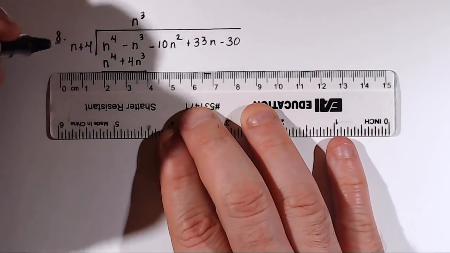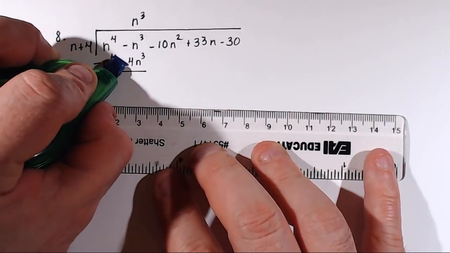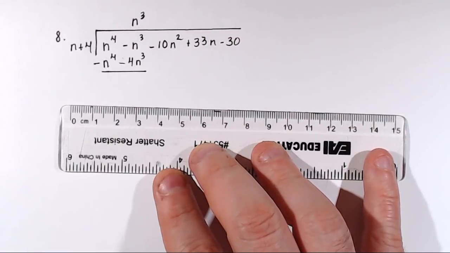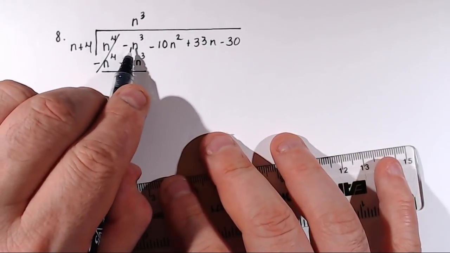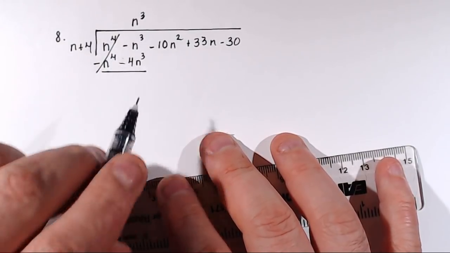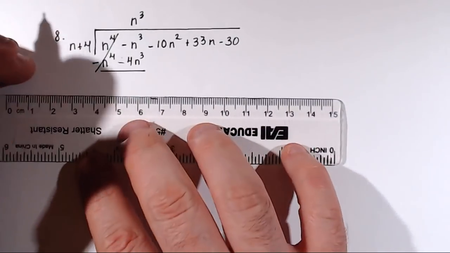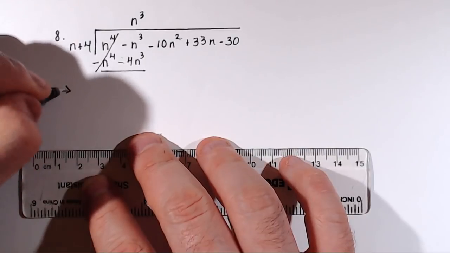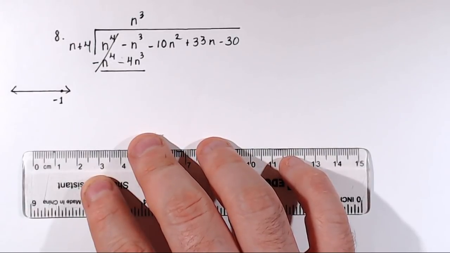And draw a line, change the signs. Stack, add, and now you have negative n cubed minus 4n cubed. Okay, so that's negative 1n cubed. Think of a number line, negative 1 minus 4.